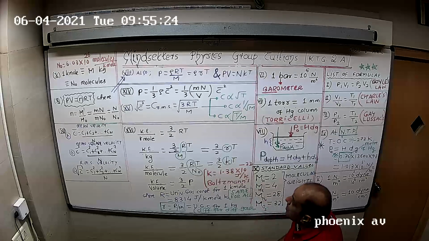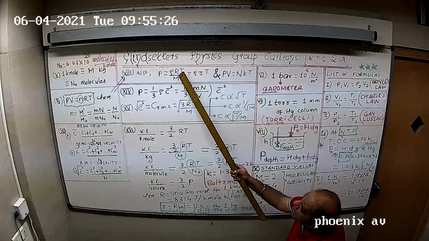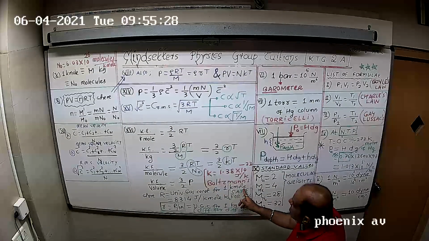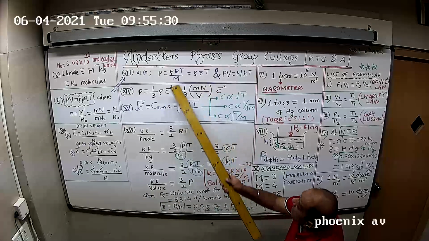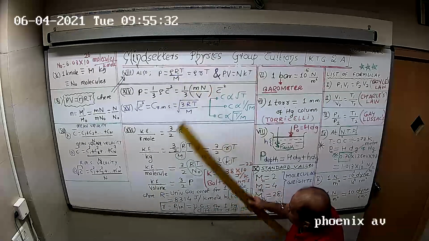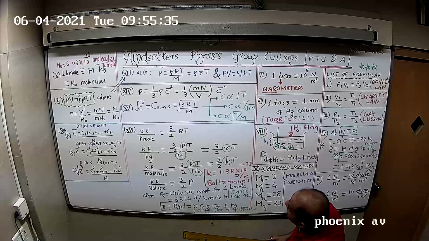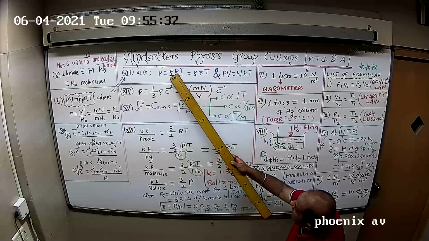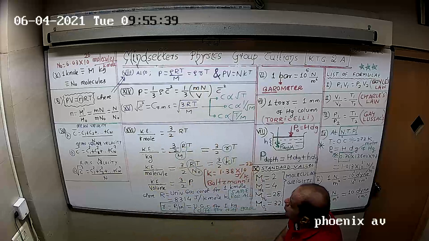So please remember, capital R is universal gas constant for 1 kilomole of a gas, small r, which is capital R upon n, is universal gas constant for 1 kilogram of a gas. Capital R is same for all the gases, small r differs from gas to gas.